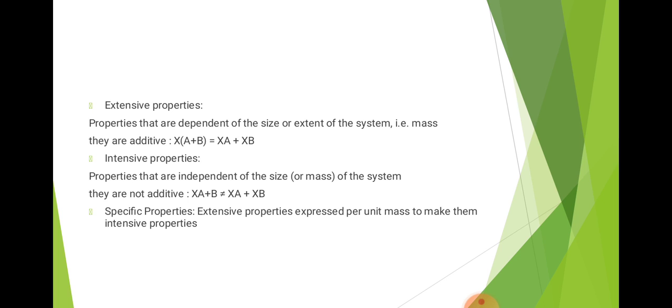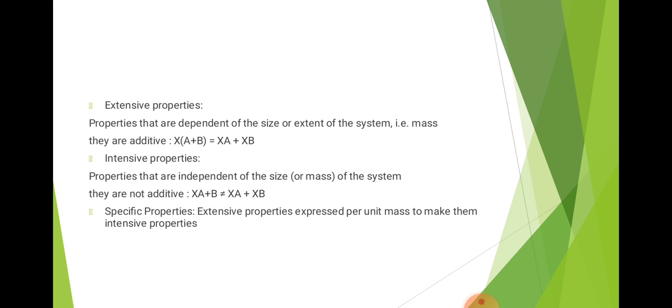Now we can see the intensive property. The intensive properties are the properties that are independent of the size or mass of the system. In simple language, the properties which are independent of the mass and the size of the system are called intensive properties. It means this function is not of additive type.